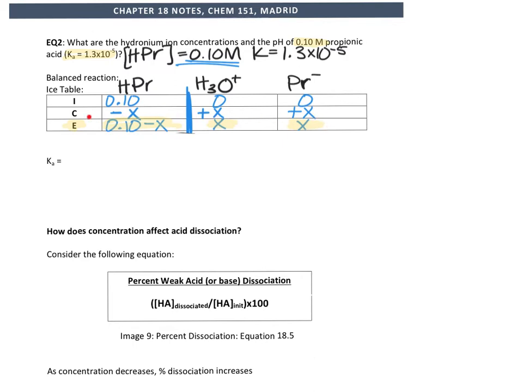Okay, so what's highlighted is what we're going to need to plug into Ka. We then set up Ka by plugging in all of these values.